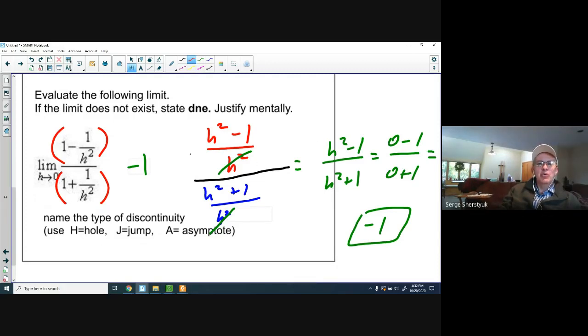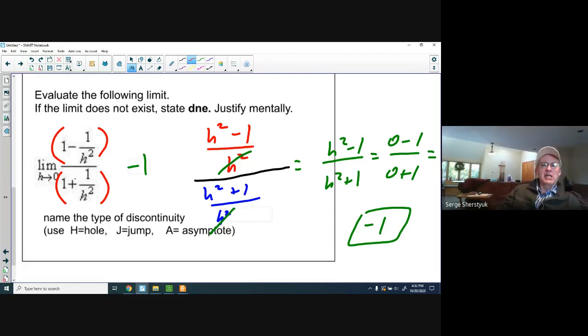If you started here, you would say it's continuous everywhere. The fact that we started here with this ugliness, and we were able to cancel the problem that gave us trouble, what does that mean? What did we just cancel? We removed a discontinuity, because in the original problem, if I put a 0 in here, I can't have 1 divided by 0.